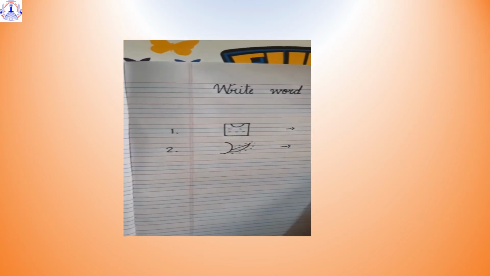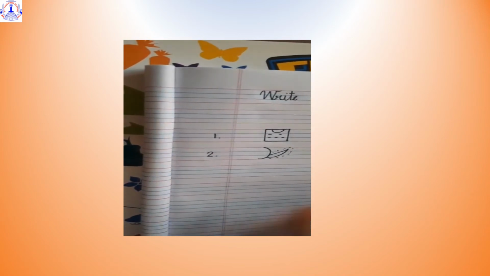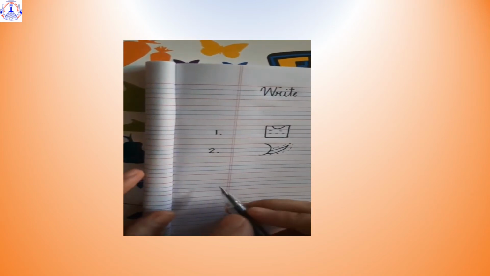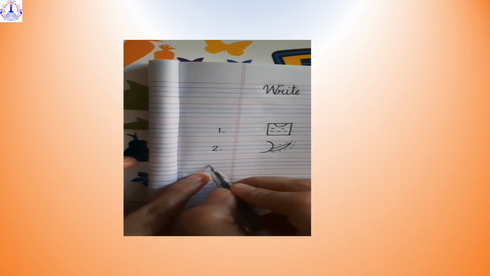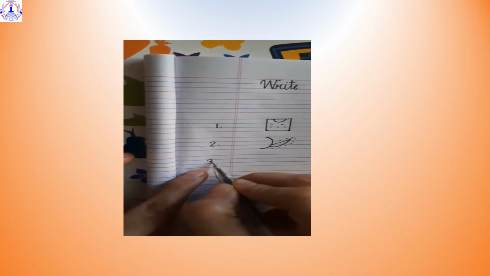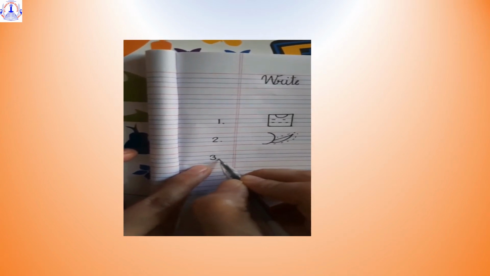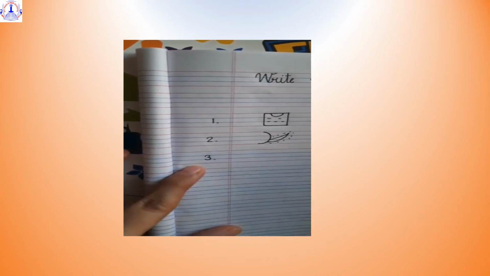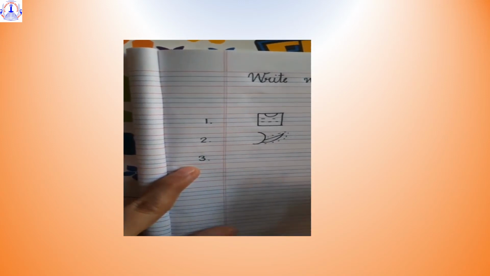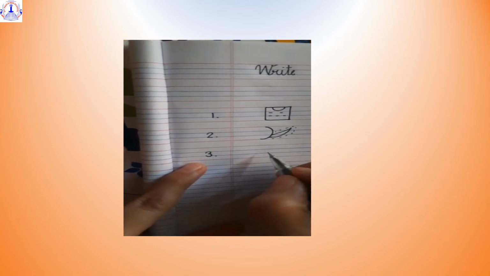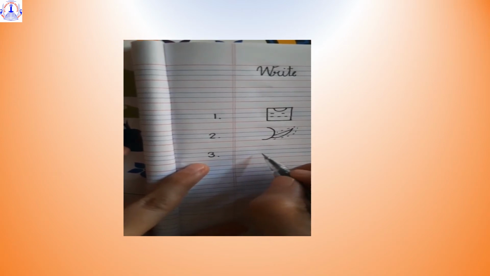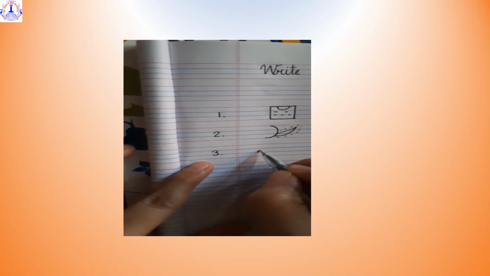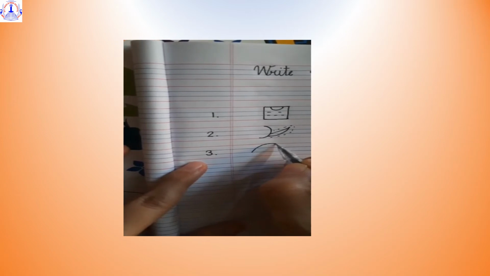Now come to the next line. Write number 3 in the margin. Now we will make a curve from second blue line to first red line.